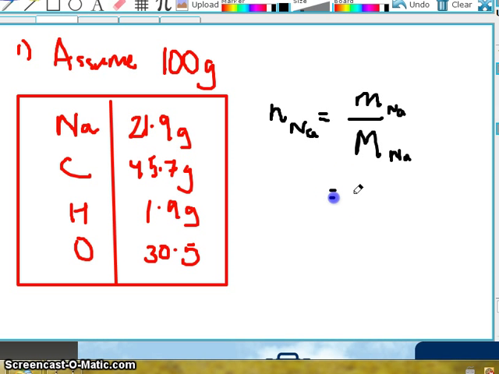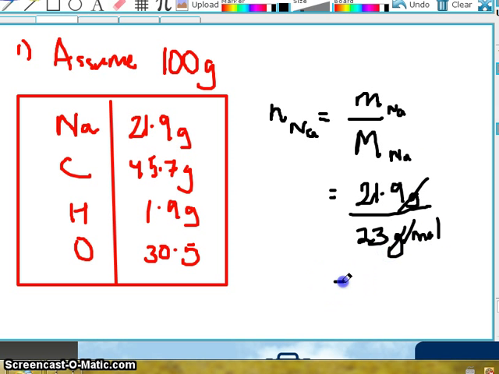And in this case, we know the mass is 21.9 grams, and we're going to say 23 grams per mole, depending on the periodic table you're using, but this is good enough. So grams cancel out, and you should get about 0.95 moles. Alrighty. So similarly, we can work that out for carbon, hydrogen, and oxygen.